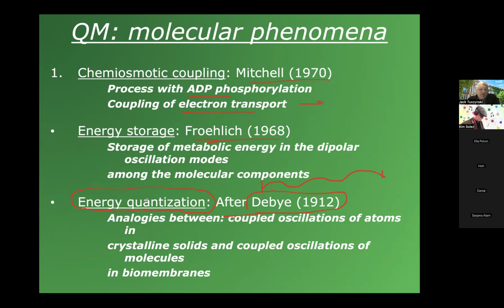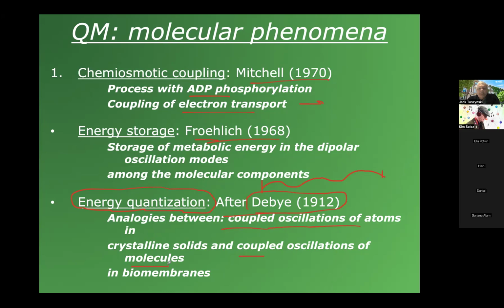Here, Lloyd Demetrius used this mathematical model that Debye proposed, and actually improved on Einstein, to represent coupled oscillations of enzymes in metabolic reactions, just like coupled oscillations of molecules form phonons.